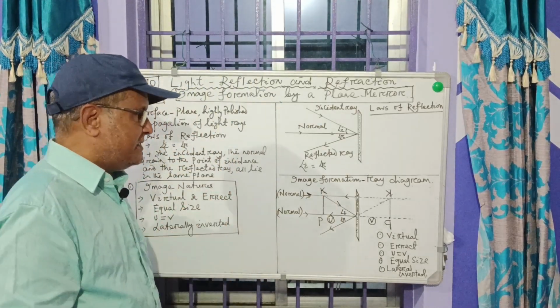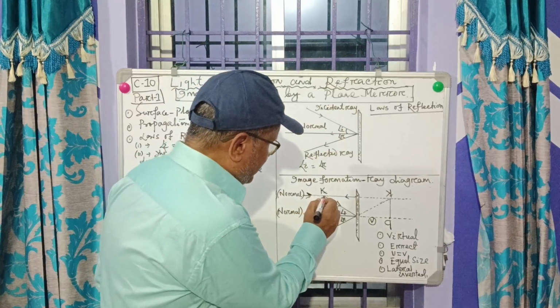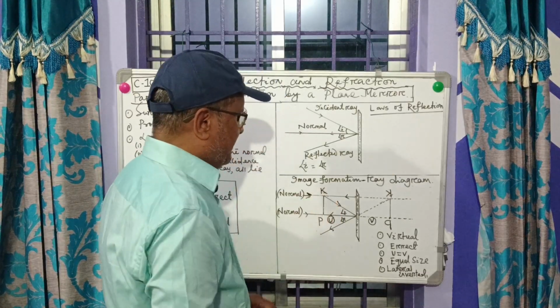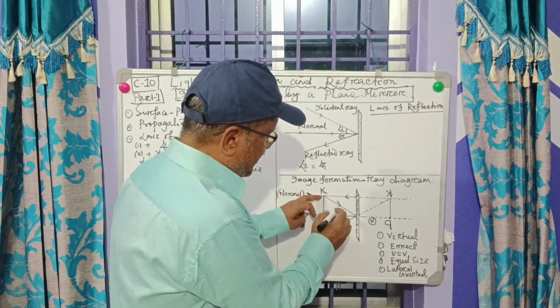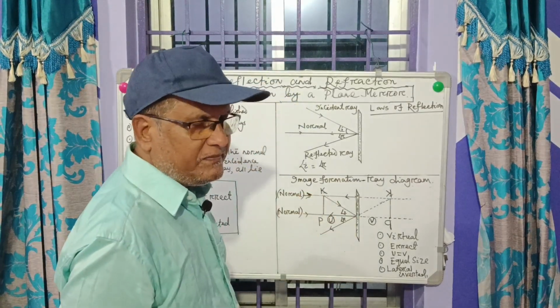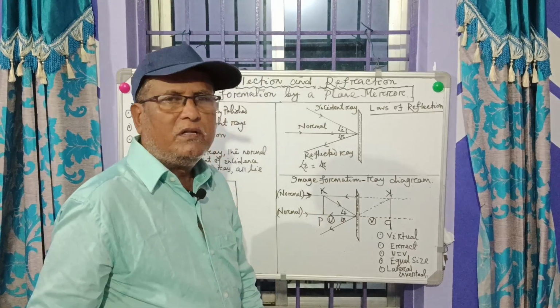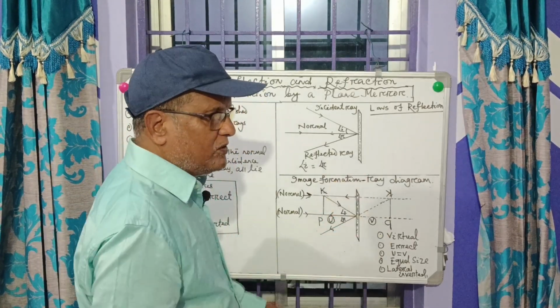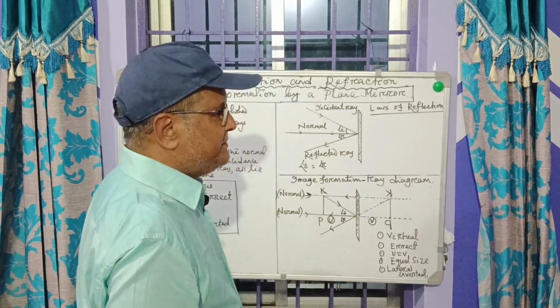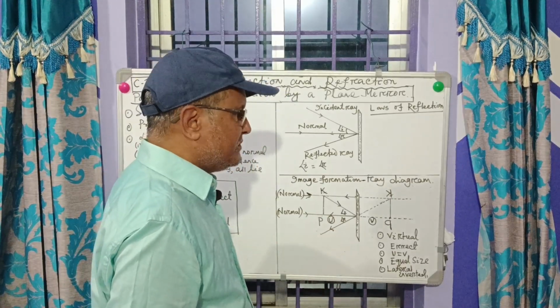What do we observe here? A ray coming from the top of the object to the point of incidence follows the law of reflection and is reflected to the same medium.